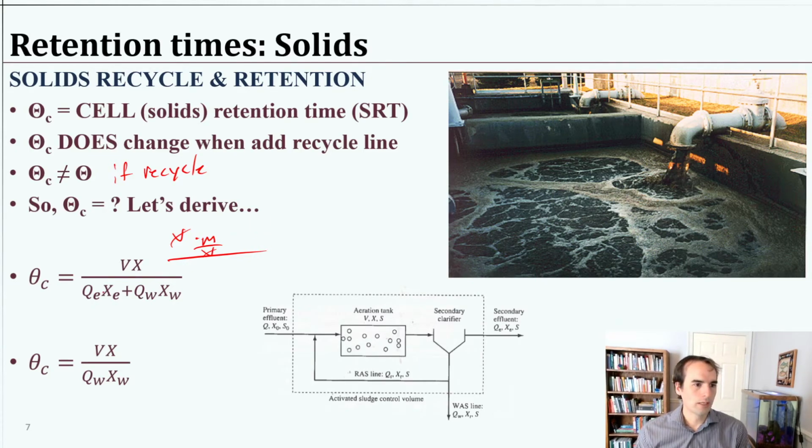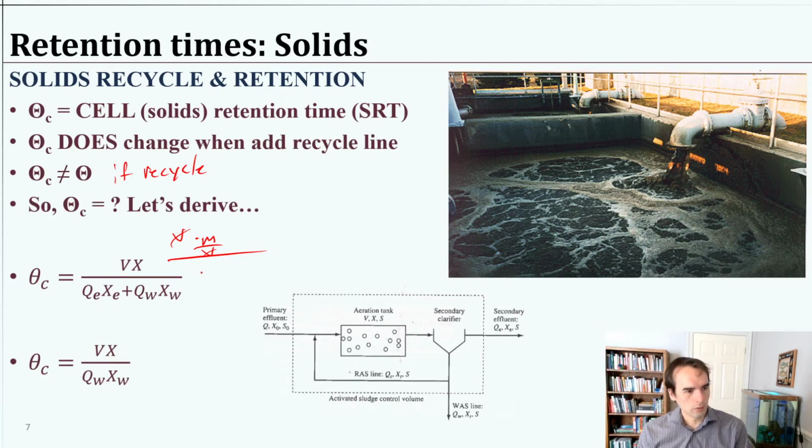So down here we need the flow rate times x, and what we're looking at is the amount of time in the reactor divided by the terms leaving the reactor. So we've got Q times X on the bottom and Q times X again.